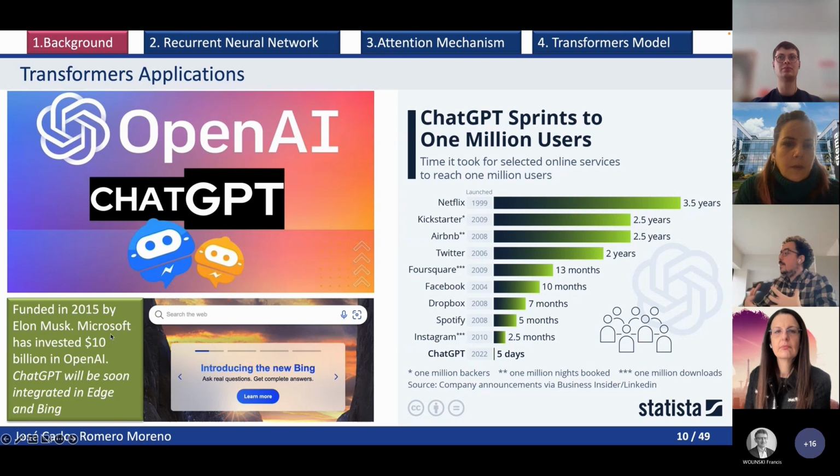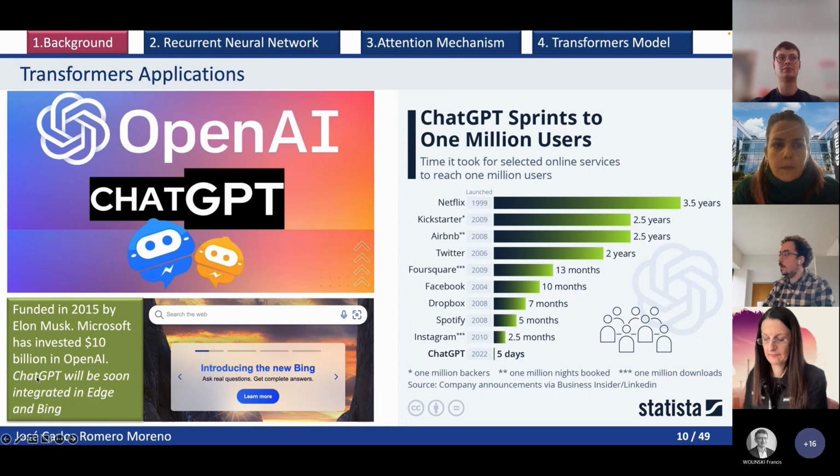They don't own the company, but they are its main partner. Thanks to this partnership, the Bing search engine and the Edge browser from Microsoft are going to integrate ChatGPT soon. I think the beta release is going to come in a few days. So if you want to use it, I hope it is free.